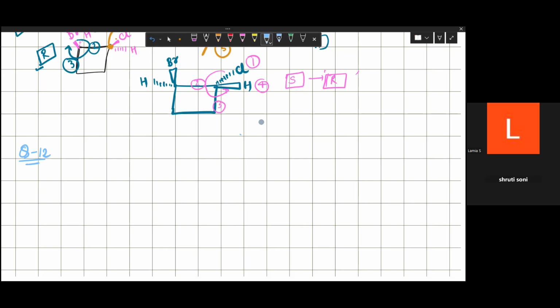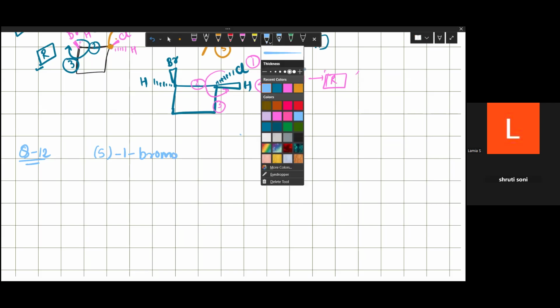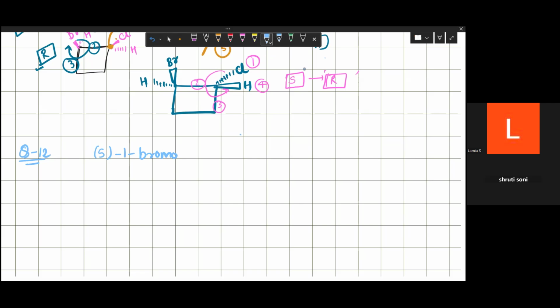So in question number 12, there is S-1-bromo-1-chloropropane. Yeah, propane, not pentane. Sorry, I wrote it down wrong.